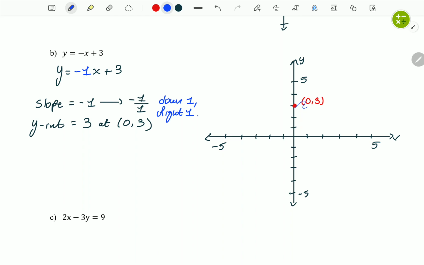So that means we're going to move down 1 and then 1 over to the right. And when we do that, this point right here will be 1, comma 2. Let's sketch the line. And there we go. Y equals negative x plus 3.